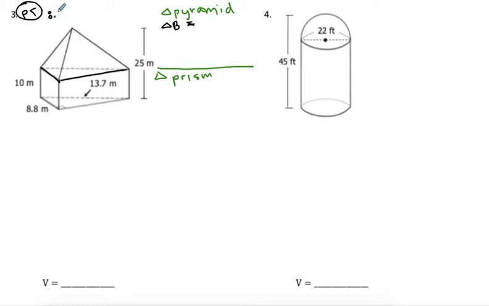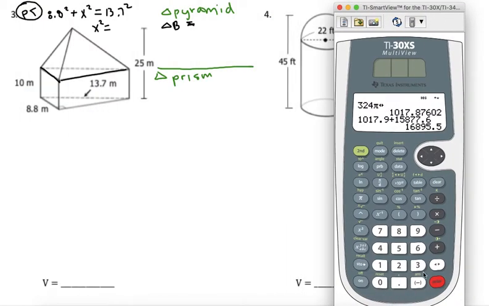We're going to take 8.8 squared plus that unknown height that I need to equal that 13.7 squared. All right, so if I use my calculator, I can get 13.7 squared minus the 8.8 squared. Whoops, that's not right. And I get 110.25.